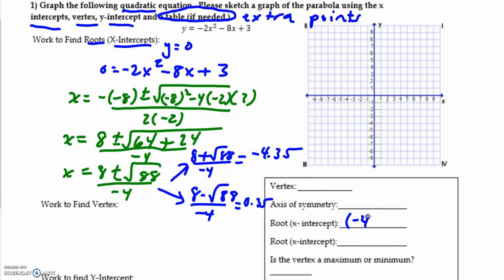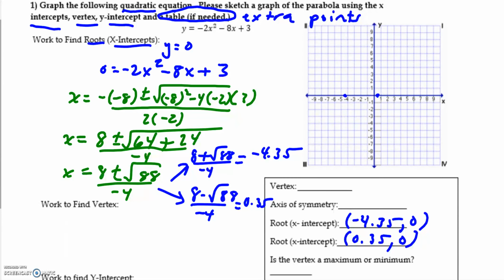One x-intercept is negative 4.35 comma 0, and the other is 0.35 comma 0. I'm going to do my best to graph those 2 points. Negative 4.35 is somewhere in the middle of negative 4 and negative 5, and 0.35 is between 0 and 1. So there are my 2 roots.